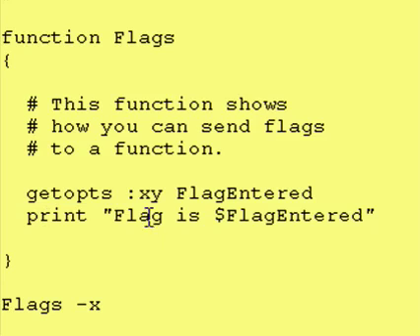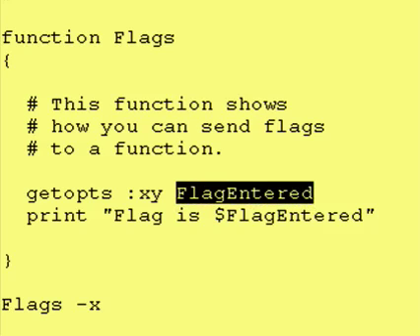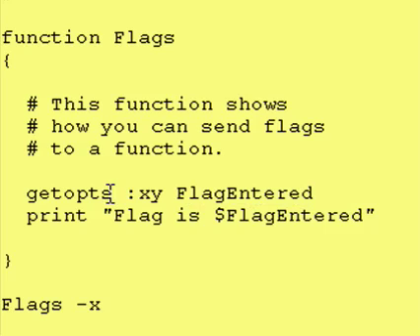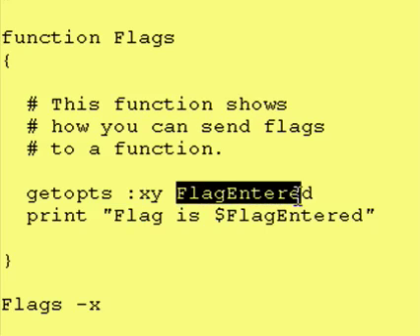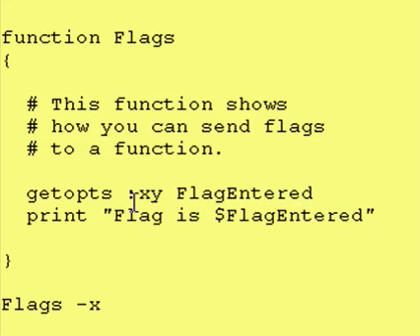And the way it works, it says, my valid flags are x and y. If the user enters a -x or a -y, I will put an x or a y in flag entered. If the user enters anything other than that, I will put a question mark in flag entered, because I have this leading colon here that says I can handle invalid flags.